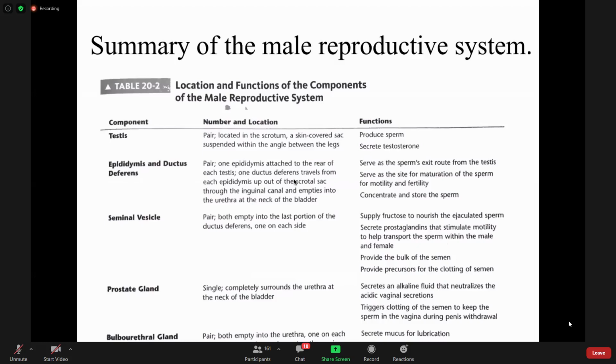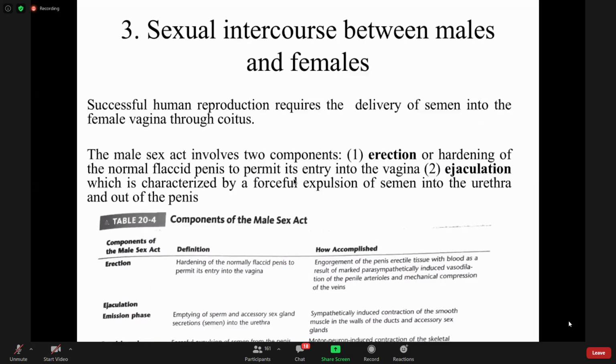We're going to look into the elements that lead to the deposition of semen into the cervical canal. In order for this to happen, erection needs to take place. Erection can be facilitated either psychologically or mechanically, because the erectile tissue of the penis is dense when it comes to mechanoreceptors.